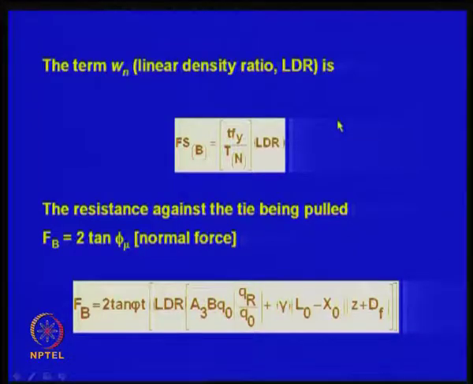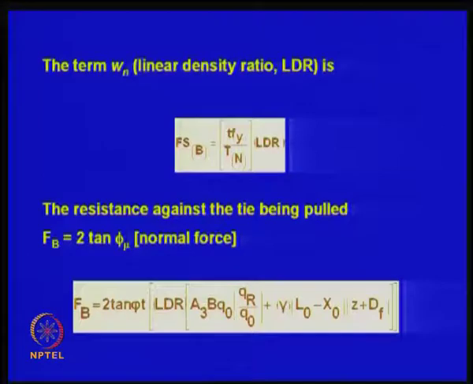For example, if I say 50%, it means that instead of the full 1 meter, 50% tension members are present. If it is fully occupied, we say the linear density ratio is 100%. Or if you have a tension member in 1 meter and there are only 2 or 3 rods, calculate the diameter of each rod.